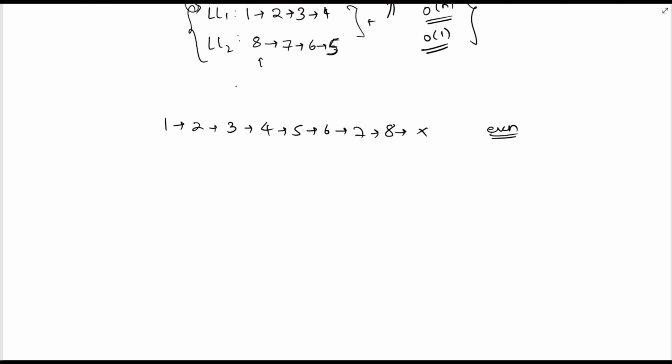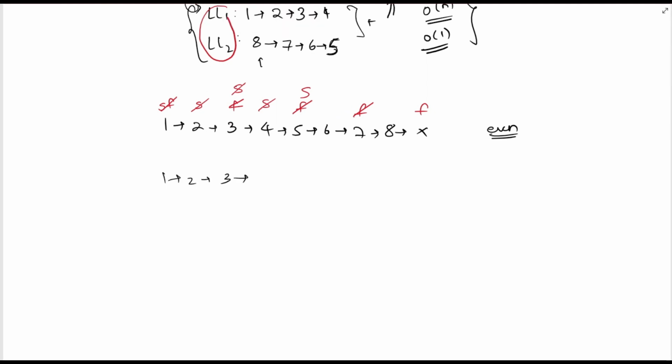We will get these two linked lists using the slow and fast pointer approach. Here we have slow and fast starting from over here. Increment slow once and fast twice. Slow once and fast twice. Slow once, fast twice. We ended at a null, so we will stop.